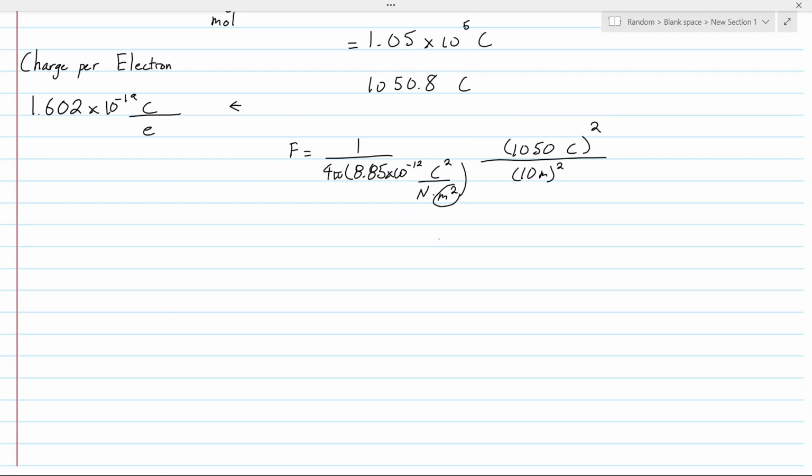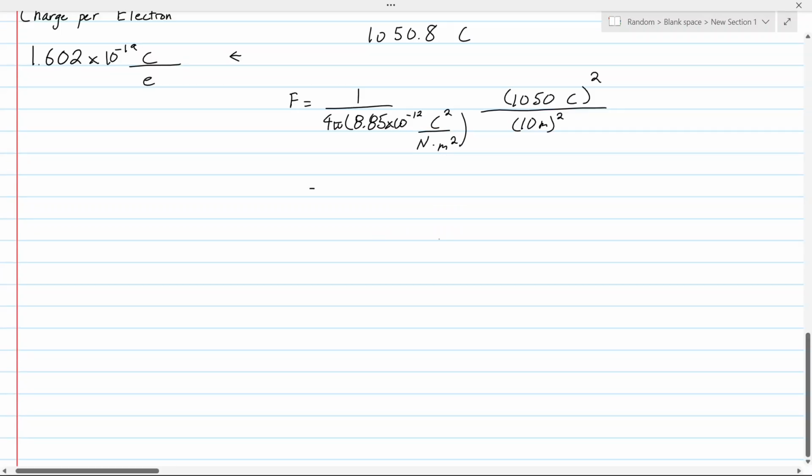We have a meter squared here and a meter squared here, so they're going to cancel. And we're left with a Newton, which is the unit of force. So dimensionally, this works out. So this equals 9.93 times 10 to the 13 newtons.